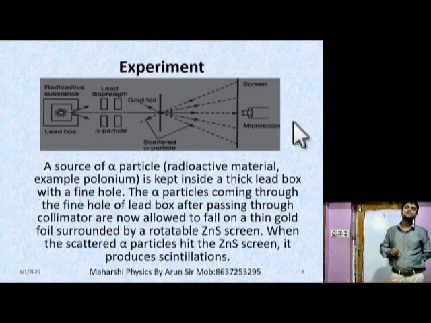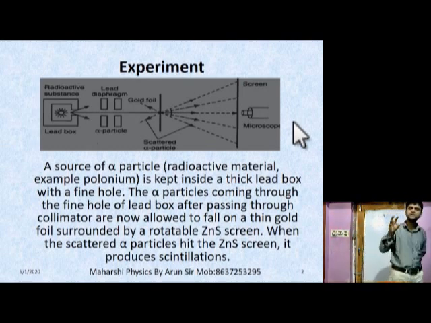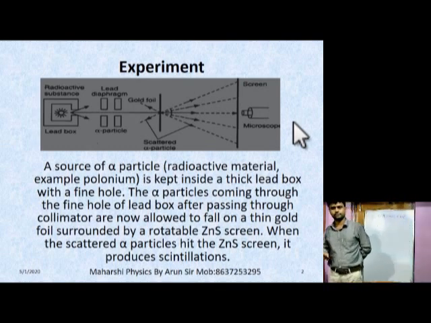Then third one is collimators made up of lead. Then next one is a thin gold foil having thickness 4 micron. Then next one is a rotatable zinc sulfide screen which surrounds the gold foil. And the last one is a detector.